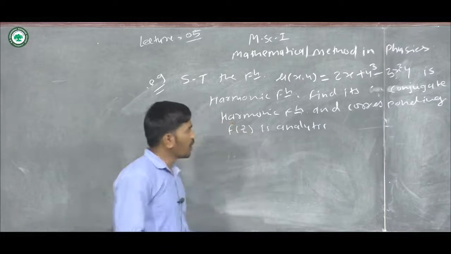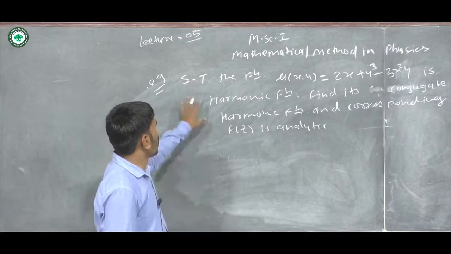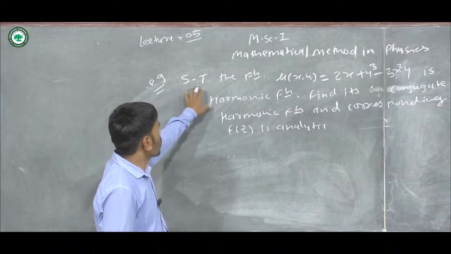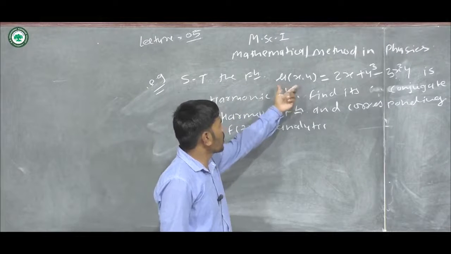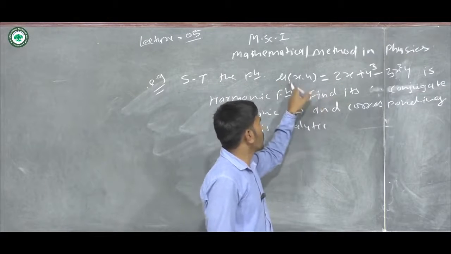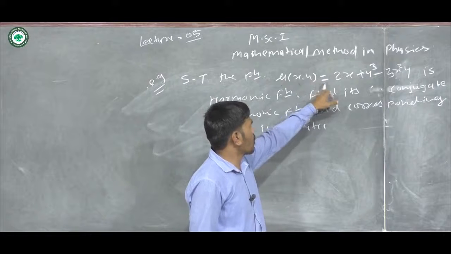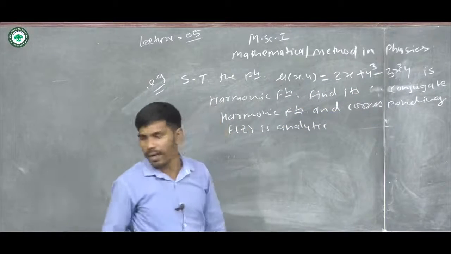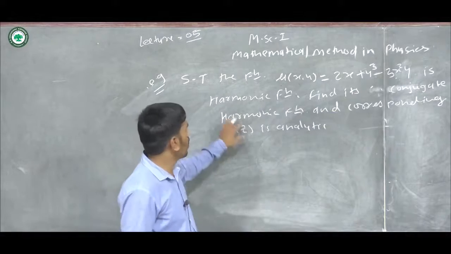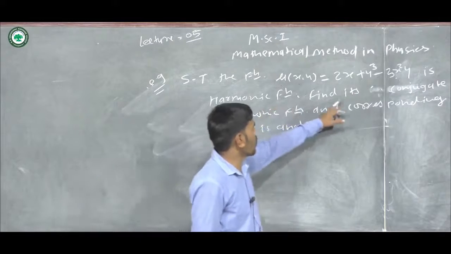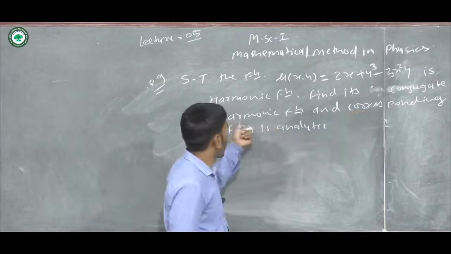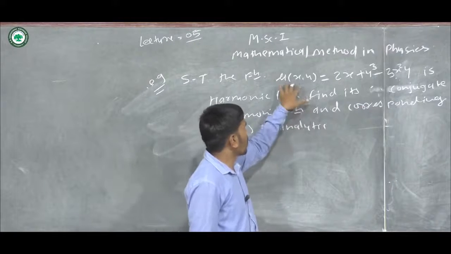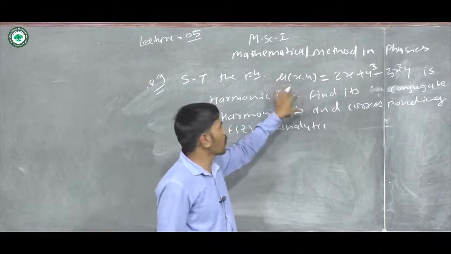Okay, so what are they asking? The function they give us is u, a function of x and y, equal to 2x plus y cube minus 3x square y, which is a harmonic function, and find its conjugate harmonic function. It means they give u and ask us to find v also.